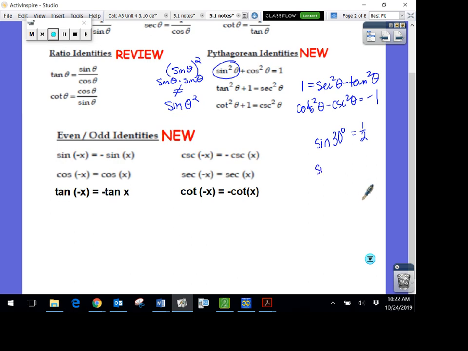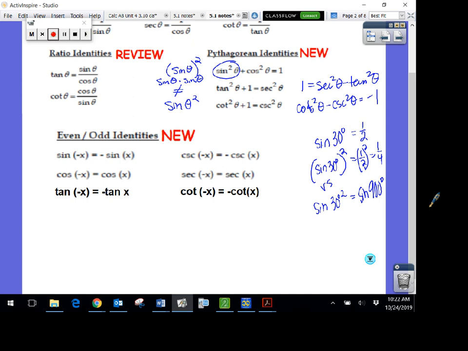Now if I say sine of 30 degrees, squared, versus sine of 30 degrees squared, sine of 30 degrees is 1/2. 1/2 squared is 1/4. This is the sine of 900 degrees. Who knows what the sine of 900 degrees is?